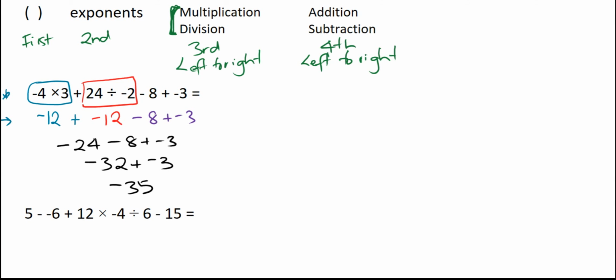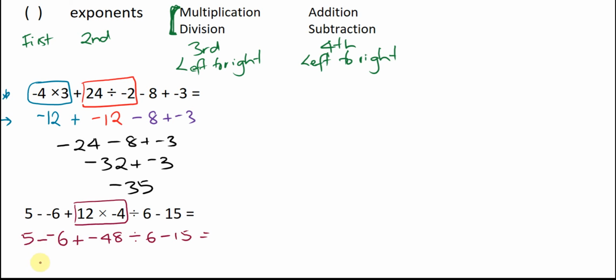Okay, let's have a look at what we need to do here. So I've got 5 minus negative 6, I'm going to leave that, plus 12. Now, this is where I need to do this one here first. So if I just rewrite the beginning of this sum, plus, so 12 times -4 is -48. I'm just going to rewrite the rest of the sum here.